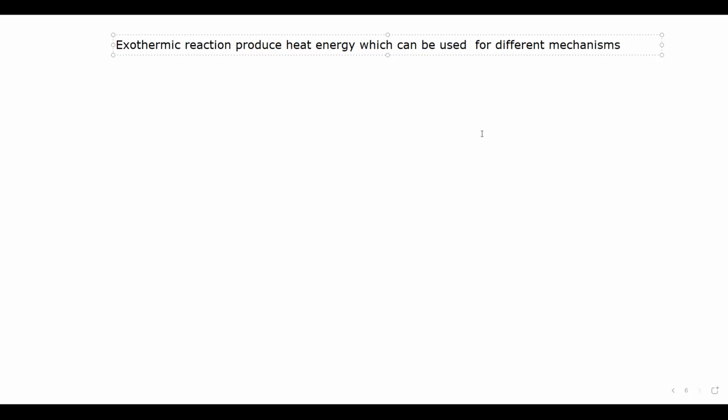Same thing in power stations. We can burn coal and oil, and that converts water into steam and produces electricity. So we can use different types of fuels.